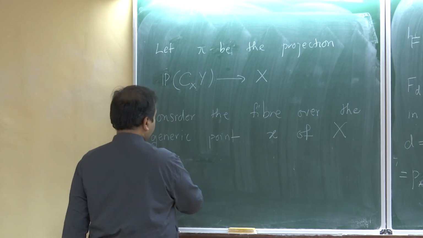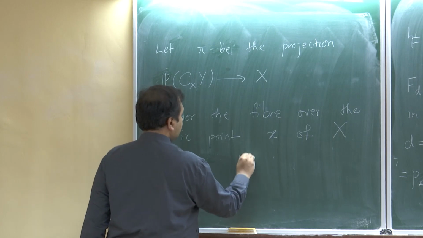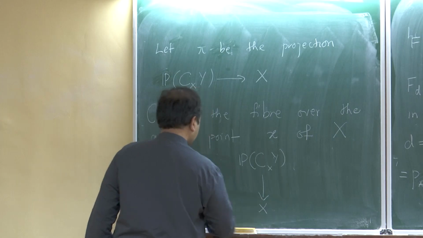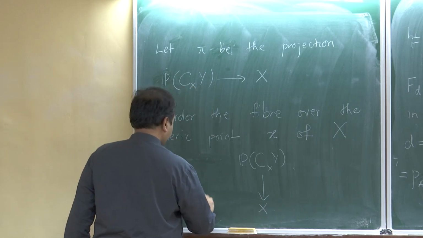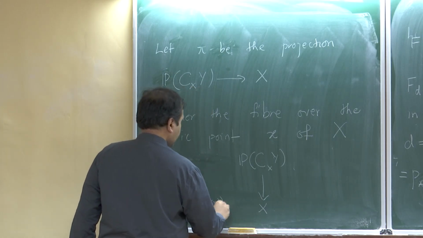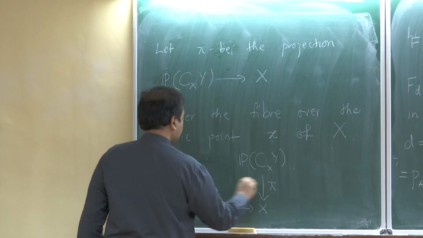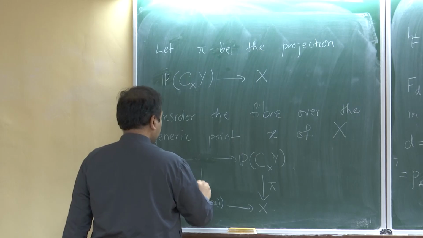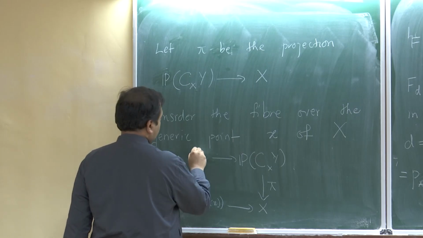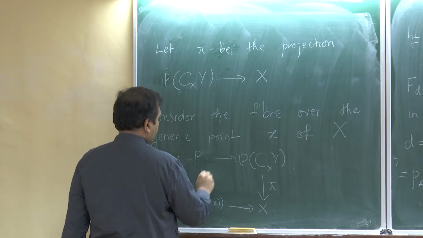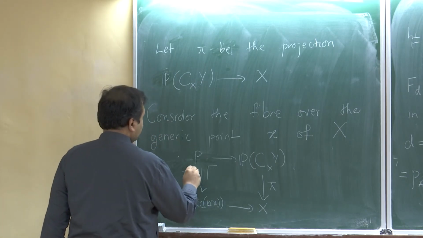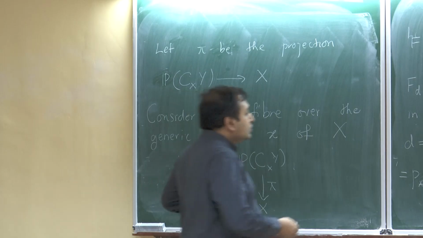Okay, I've got this kind of picture. So P(C_xY) maps to X, which maps to Spec of kappa x, and this is my pi, and there is something over here. Let me call this P. I take this thing and call it pi prime.